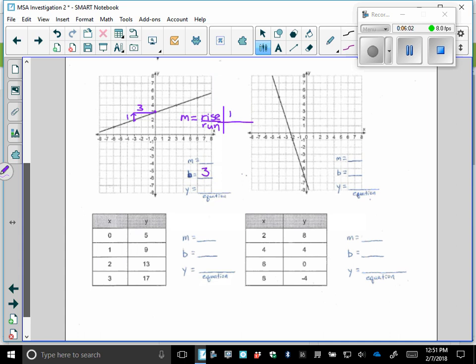I went up 1 over 3, so I'm just going to leave my slope as 1/3. And so my equation is y equals 1/3 x plus the y-intercept of 3.